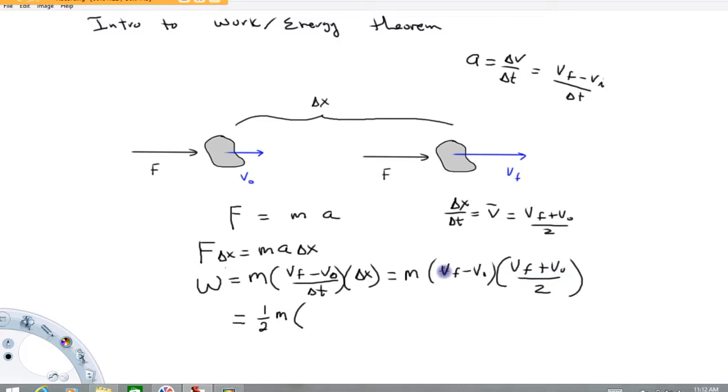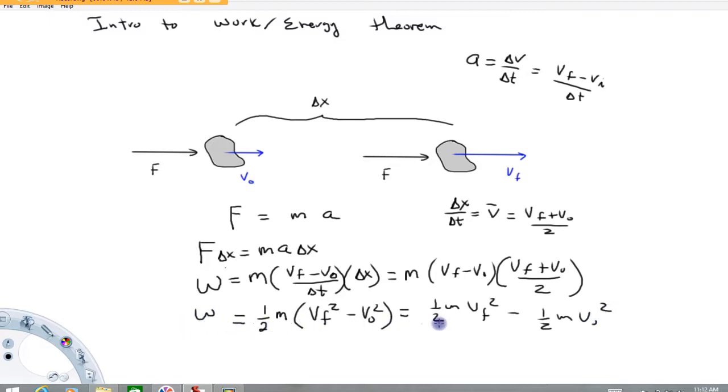If you go ahead and multiply that out, what you get is v final squared minus v initial squared, because the outer and inner terms are going to add to 0. This outer term is plus v final v initial, and this inner term is minus v final v initial. And I'm going to go ahead and separate these out. 1/2 m v final squared minus 1/2 m v initial squared.